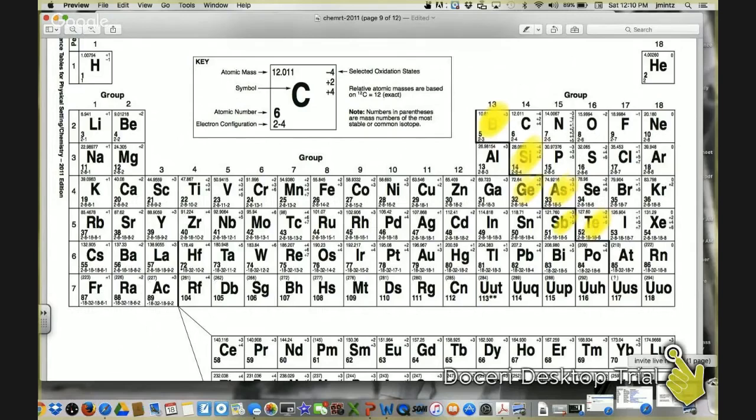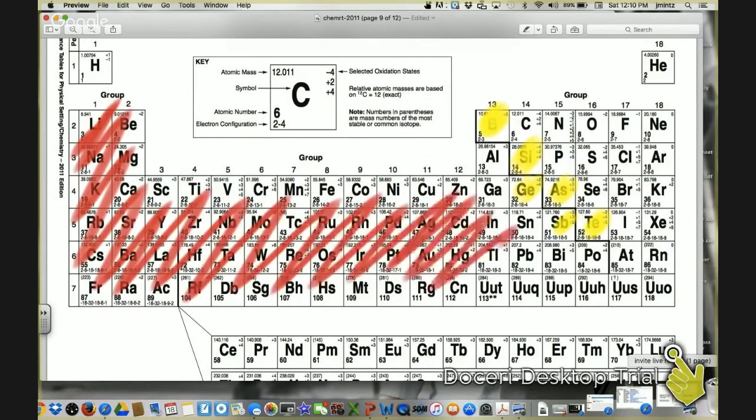Everything to the left of this, all over here, are your metals, with the exception of hydrogen.